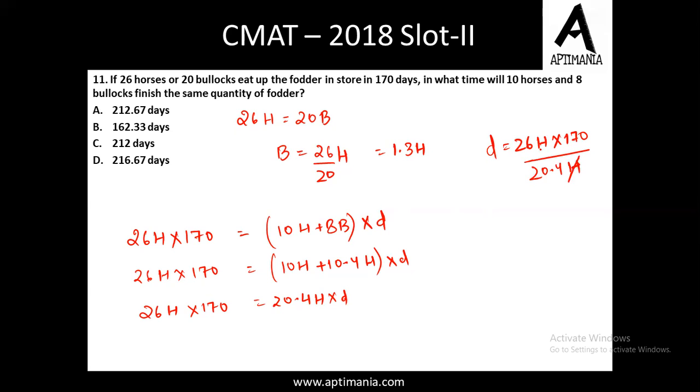This H and H will get cancelled out. On removing the decimal, I'll put a 0 in the numerator. So on solving this, by cancellation, I'll get the answer as 216.67 days. So for question number 11, the correct answer is option D, that is 216.67 days.